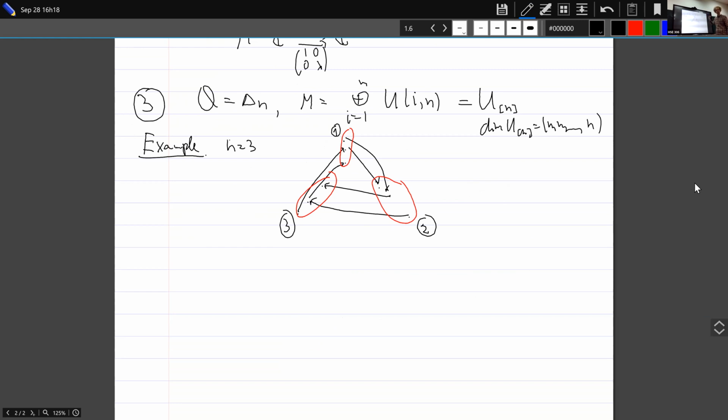So if you know what U_{i,n} is, then you know what the maps are. Totally it's n-dimensional, but it's 1-dimensional at each vertex. So you have your i, and each vertex has a basis vector. Yes.